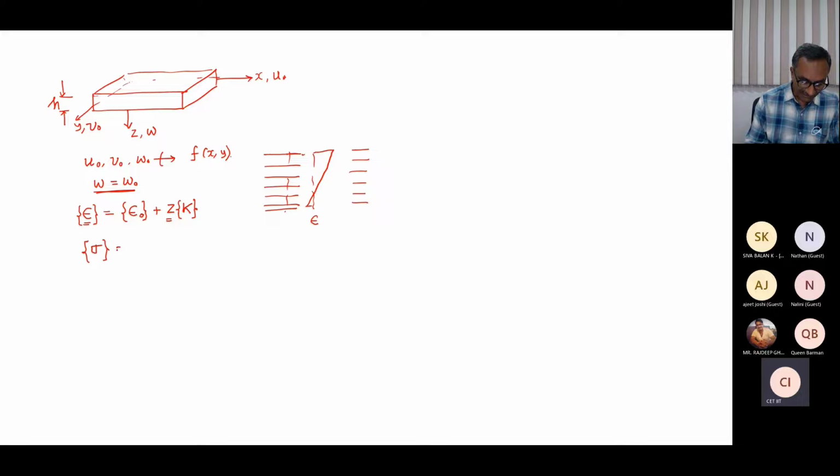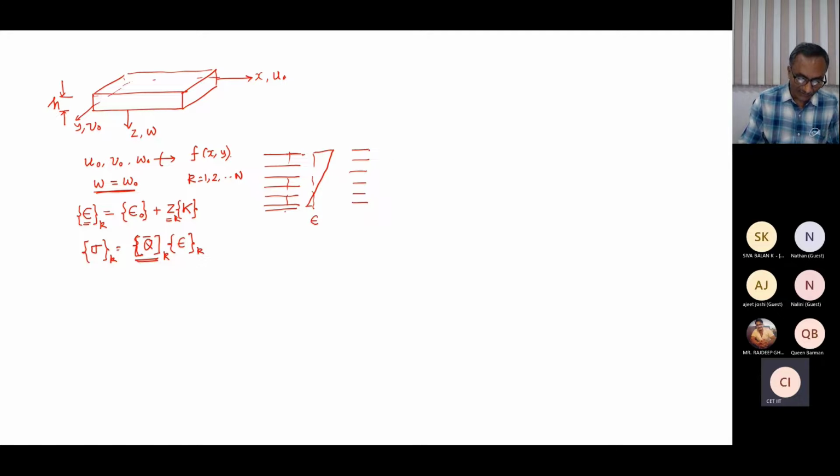Suppose for the kth layer, where k goes from 1 to n, the stress in the kth layer is nothing but Q bar, the reduced transformed stiffness matrix of the kth layer, times the strain in the kth layer. Now this is different in each of these layers.